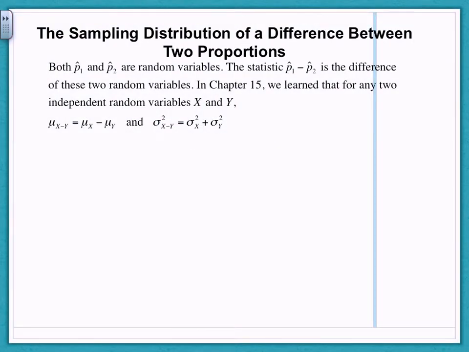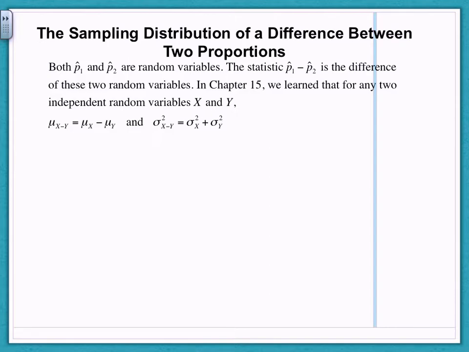We have to be able to understand the sampling distribution of a difference between two proportions. Back in chapter 15, we learned how to combine random variables. To find the mean of the difference between two random variables, we simply subtracted the two means. But it was a bit different when we needed to find the standard deviation.